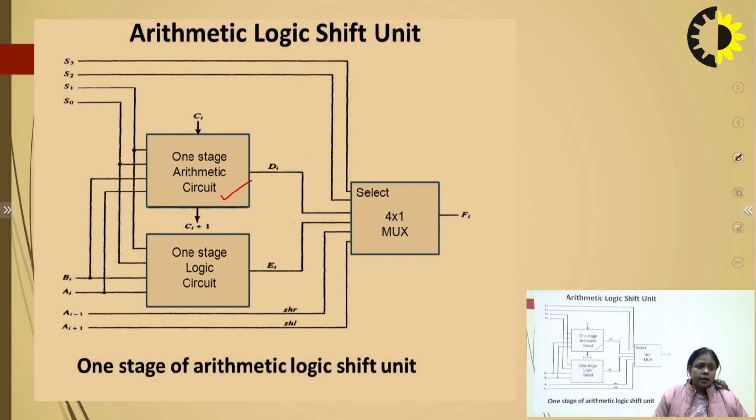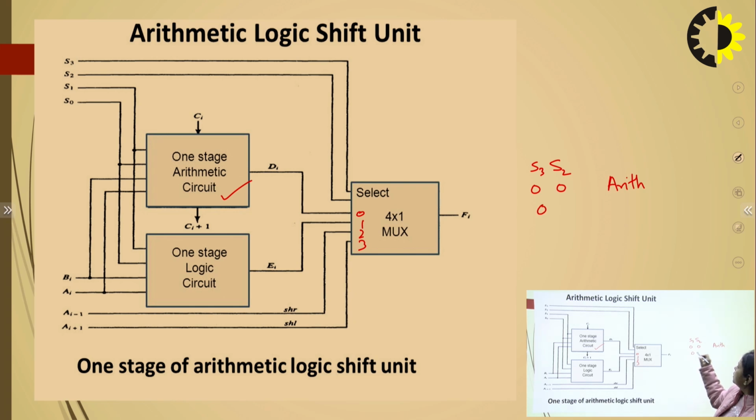Now how can we design it? We will use a 4:1 multiplexer, where we have 4 inputs, 0, 1, 2 and 3. And we have 2 selection lines, S2 and S3. So what will happen when the value of S2 and S3 is 0, 0? Arithmetic operation will be performed here.